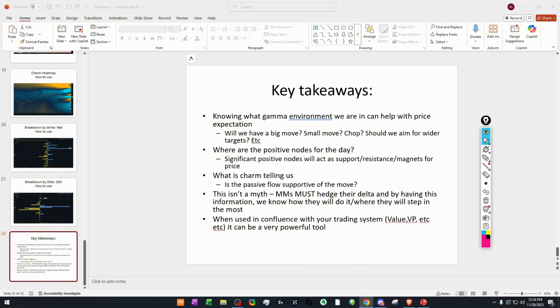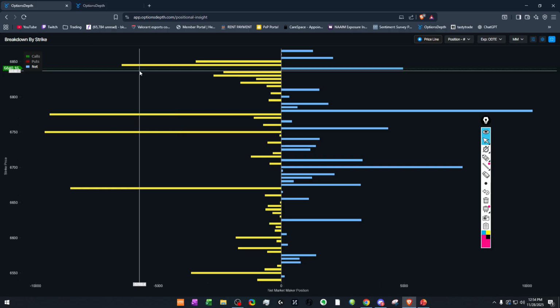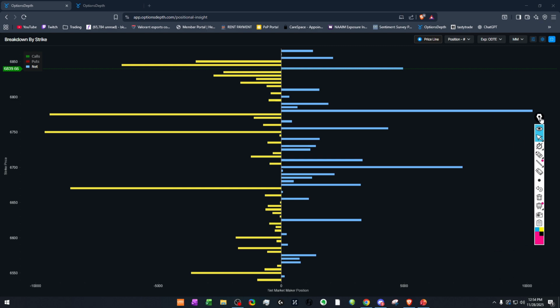And one thing I will say, I know there's a lot of different platforms out there that do this kind of stuff, but Options Depth, which is the one I use, Spot Gamma, which is another one that I've tried out, and then there's a new one coming out called VS3D. To my knowledge, they're the only ones that are doing it correctly.